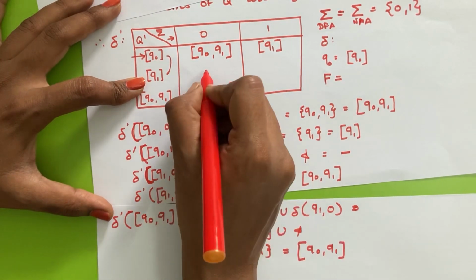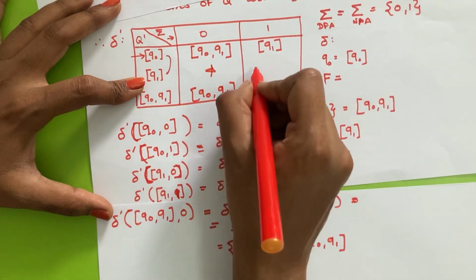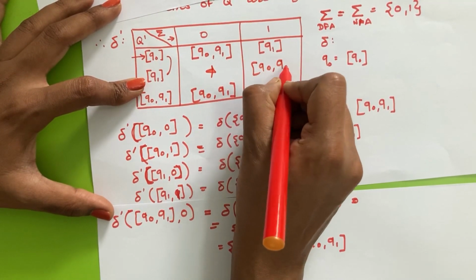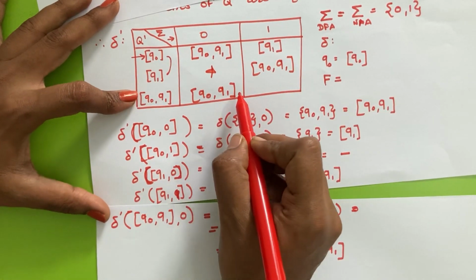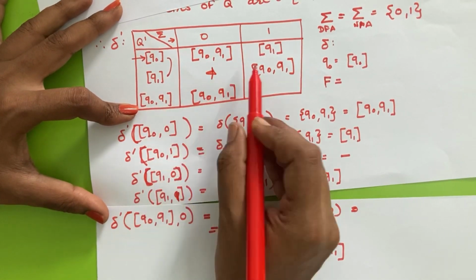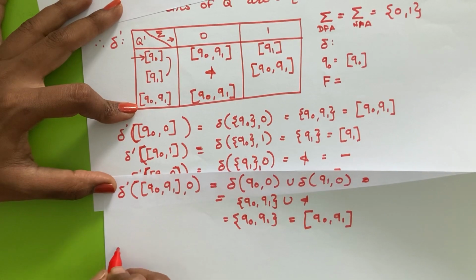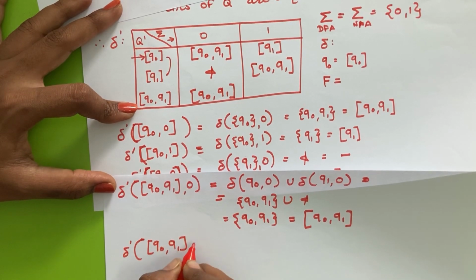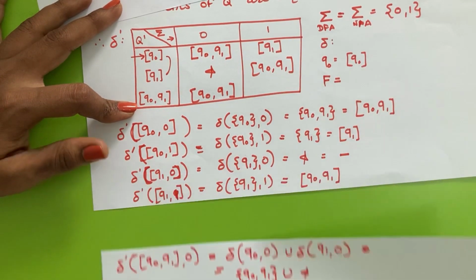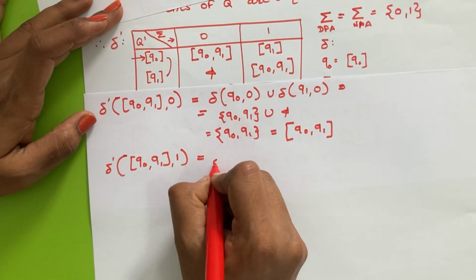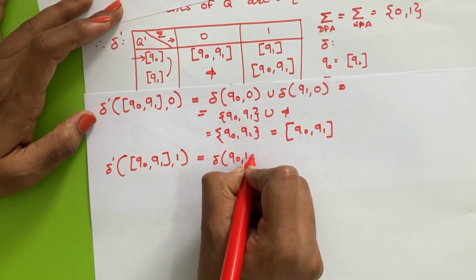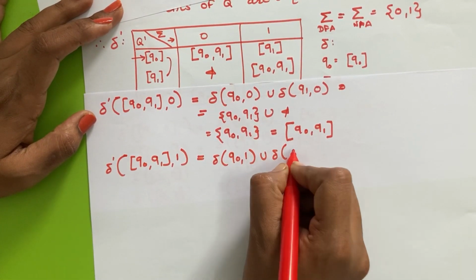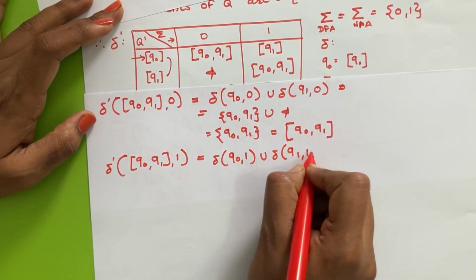Okay, I forgot to write the transition for state Q1, which is nothing but ∅ for 0, and next is Q0 Q1. Now we have to find the last transition, that is for Q0 Q1. So δ' of (Q0 Q1, 1), for input symbol 1. How will it be calculated? δ(Q0, 1) union δ(Q1, 1).